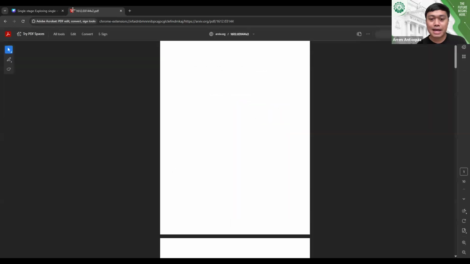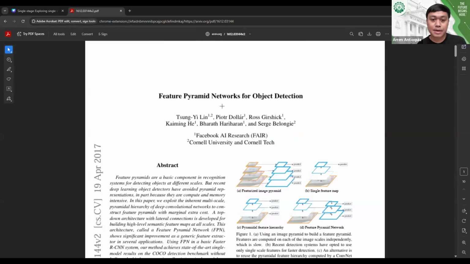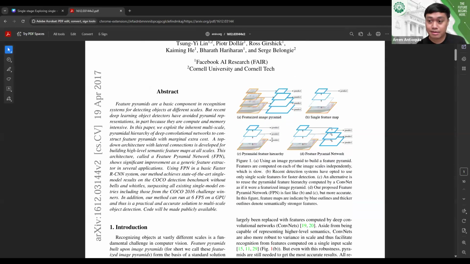I would imagine the BiFPN module is inspired by the FPN, the original FPN paper, which is Feature Pyramid Network. I think this is around 2017, according to the arXiv paper.